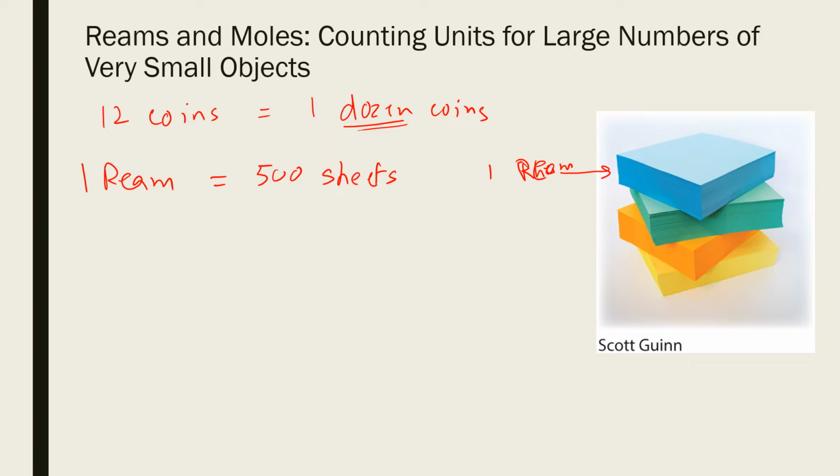For example, if I have 4 of these reams, in each I have 500 sheets, so together I have 2000 sheets here. So ream is a unit to represent a number of sheets, in this case 500 sheets.